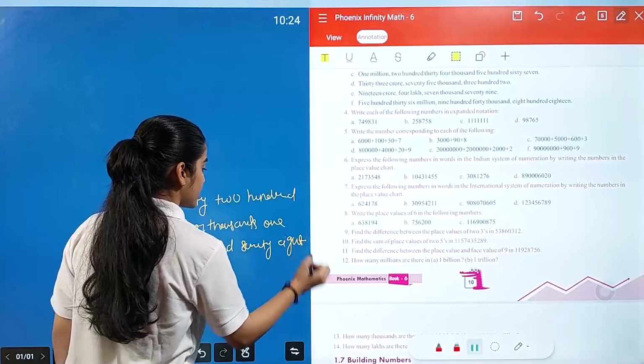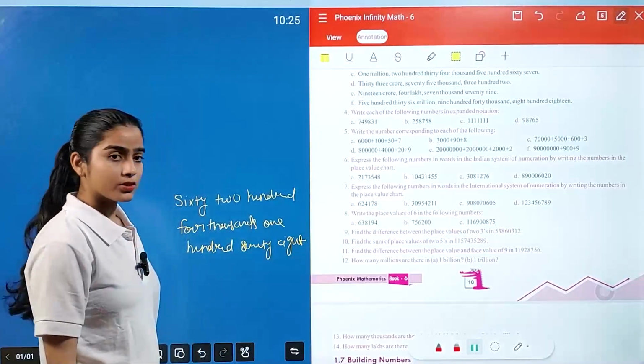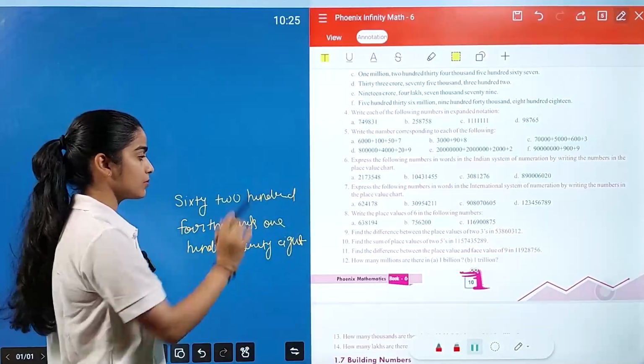Similarly, you have to do the same process for the rest of the parts in question number 7.